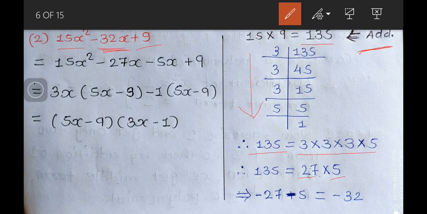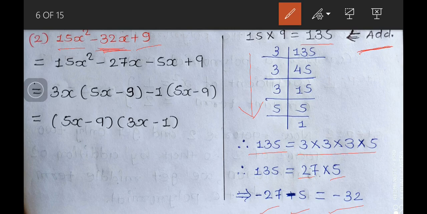Now about the sign of the polynomial, here you can see that the second term, or middle term, has a minus sign. So here we are going to add both terms, and we also see the sign of both terms. So for 27 and 5, if we put both signs as negative, then we get minus 32.